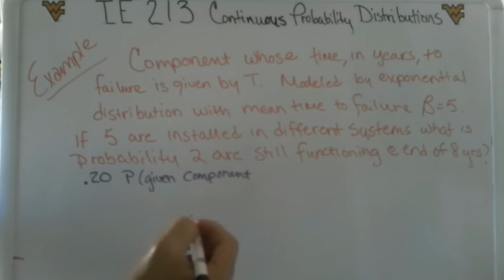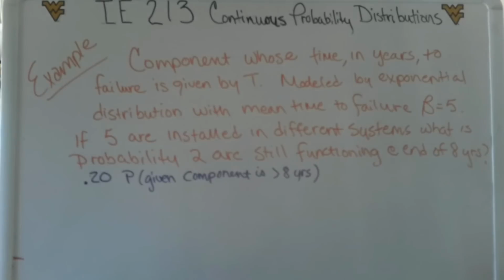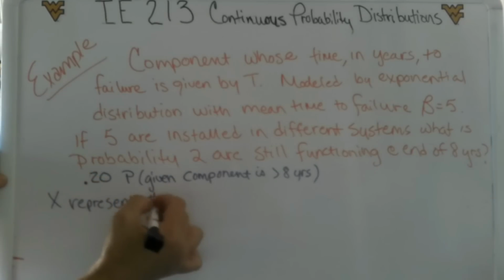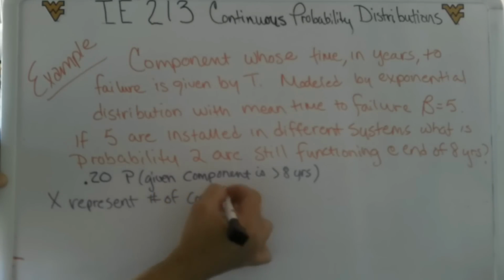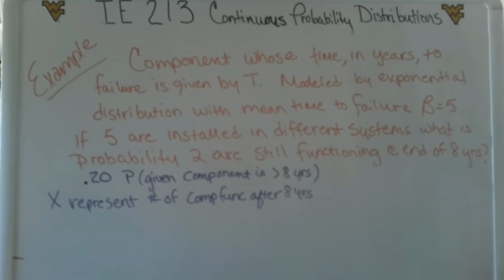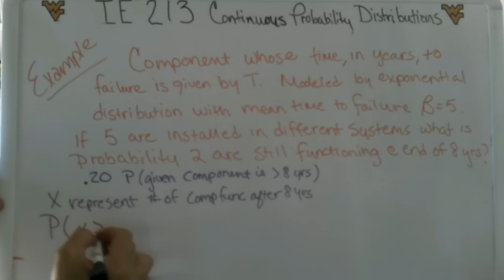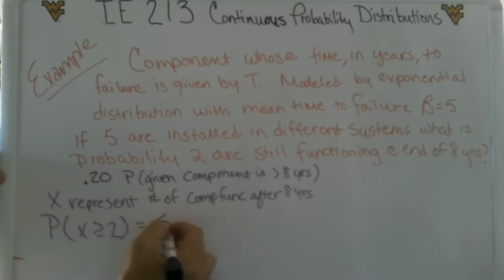Now we want to let x represent the number of components functioning after 8 years. We're going to use the binomial distribution, so we'll have the probability that x is greater than or equal to 2, with x going from 2 to 5, because we have 5 components.